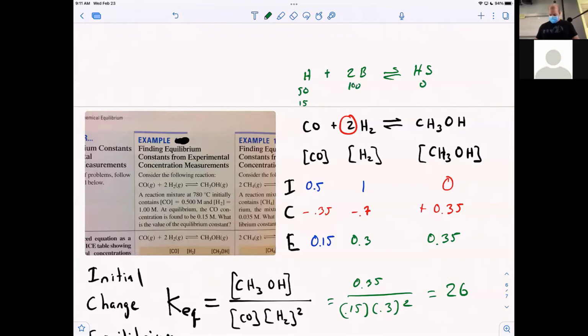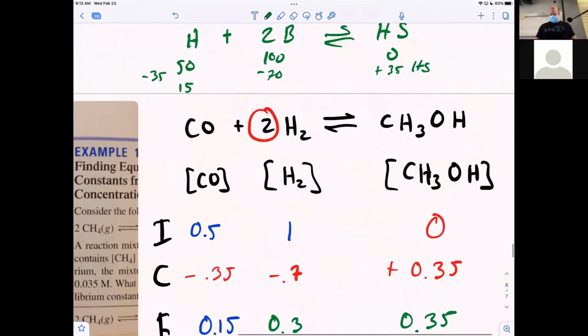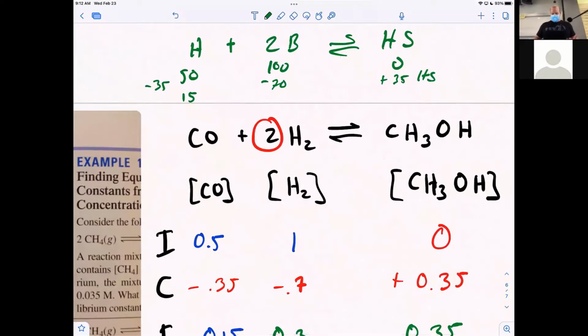That means I'm losing 35 pieces of ham, which means the extent of this reaction is 35 ham sandwiches. If I'm making 35 ham sandwiches, I'm losing 70 pieces of bread and gaining 35 ham sandwiches. So it's the whole idea of a reaction: you have an extent of reaction. I know I'm using a colloquial example with ham sandwiches, but when the reactants are consumed, the products are generated.